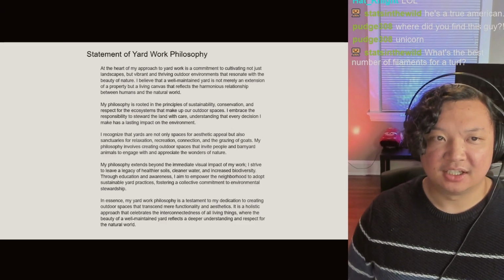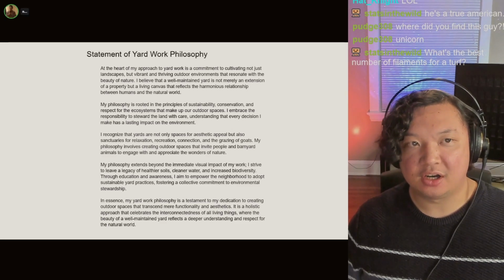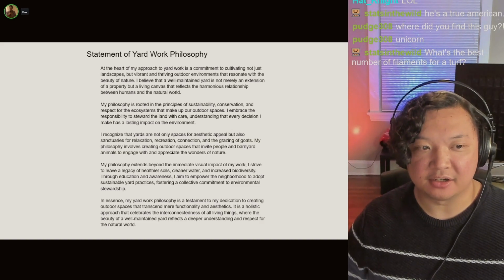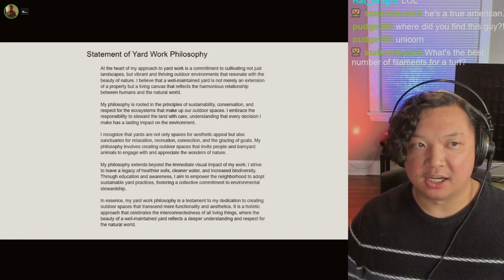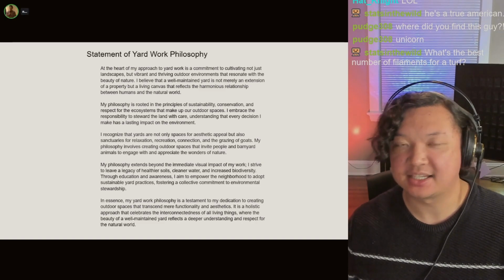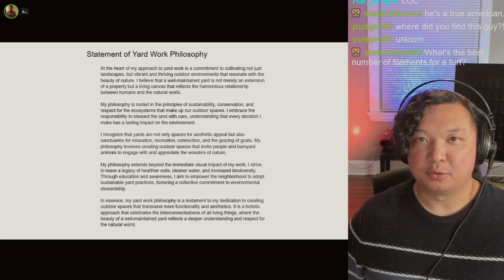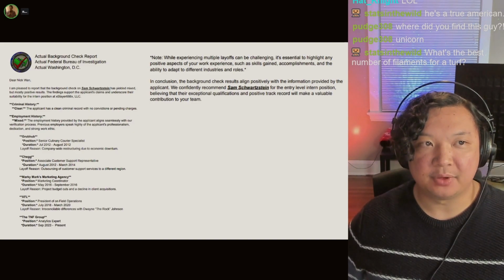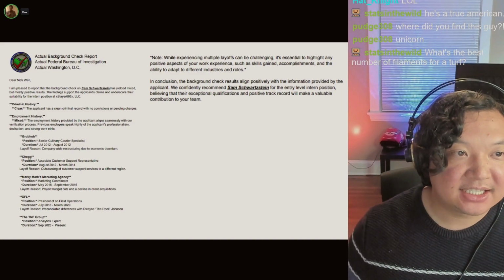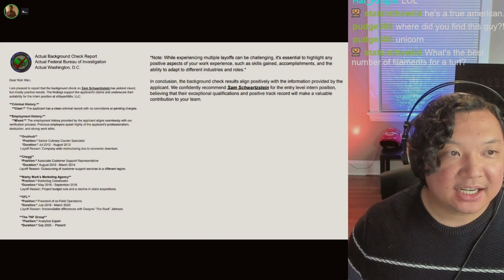Okay. This is a very strong philosophy of yard work, rivaling that of our previous candidate. So, excellent work with the philosophy here. We did run a background check, and it does seem that everything has checked out.